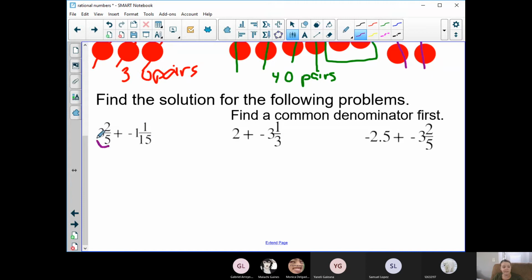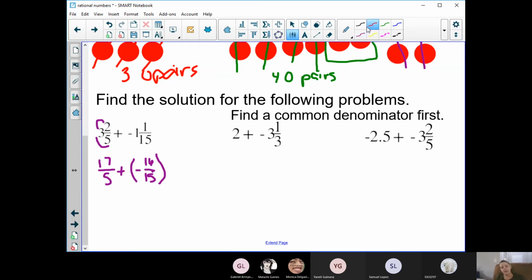So 5 times 3 is 15, plus 2 gives me 17 fifths, plus, and we know this is going to be a negative, 15 times 1 is 15, plus 1 is 16 fifteenths. So we have 17 fifths plus negative 16 fifteenths.